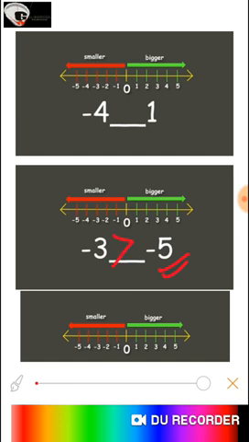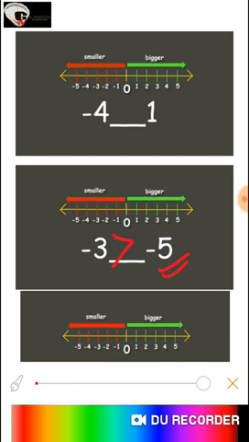Why? Because when we take negative numbers into consideration, the numbers that are closer to 0 are greater than the numbers that are far from 0. I will repeat. In case of negative integers, the negative integer that is close to 0 is greater than the integer that is far from 0.